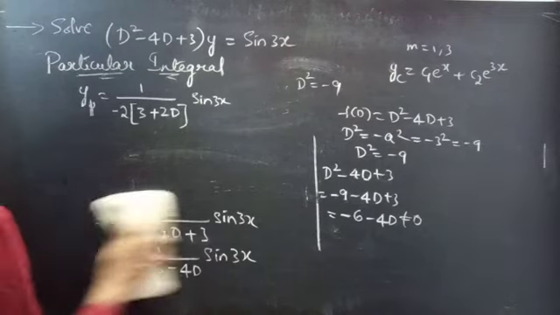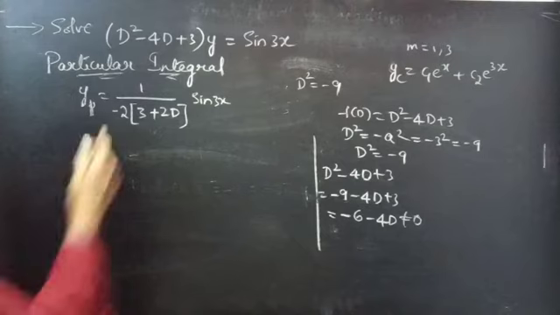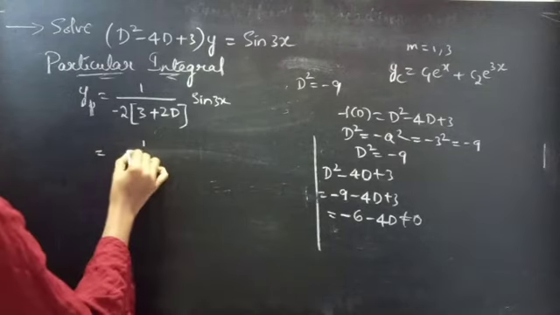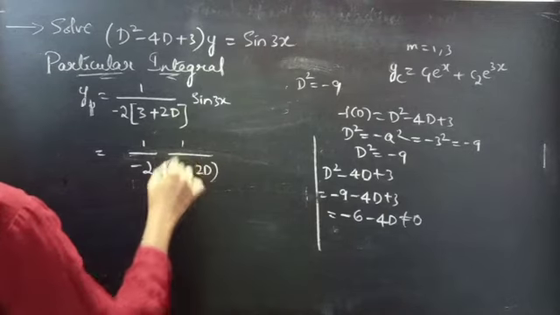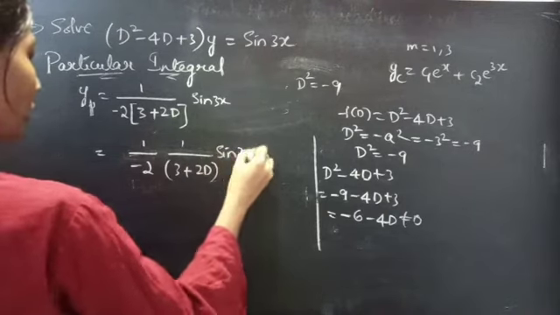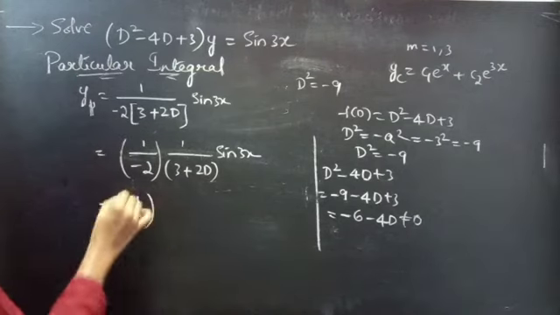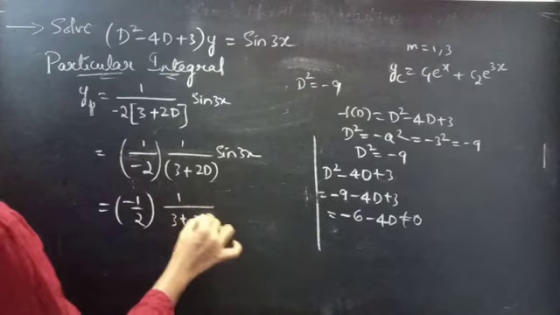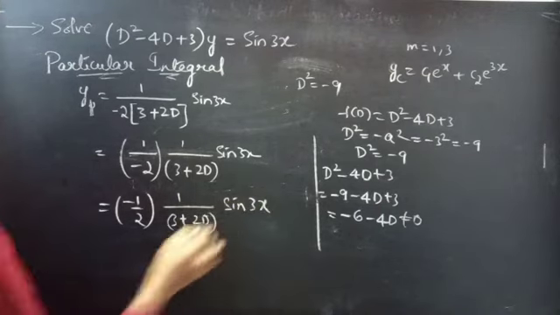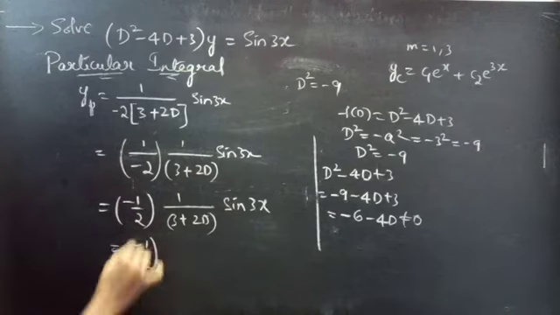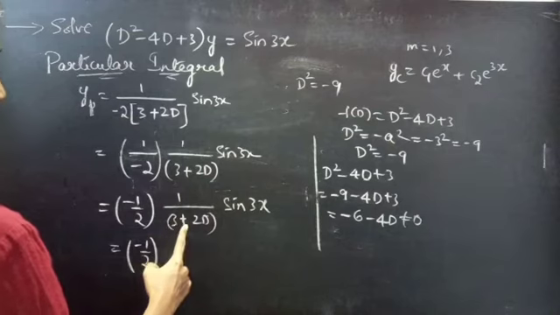Now just split this as 1 by minus 2 into 1 by 3 plus 2D into sine 3x. You can write 1 by minus 2 as minus 1 by 2, right? Into 1 by 3 plus 2D into sine 3x, which is equal to minus 1 by 2 into, now multiply and divide with 3 minus 2D.